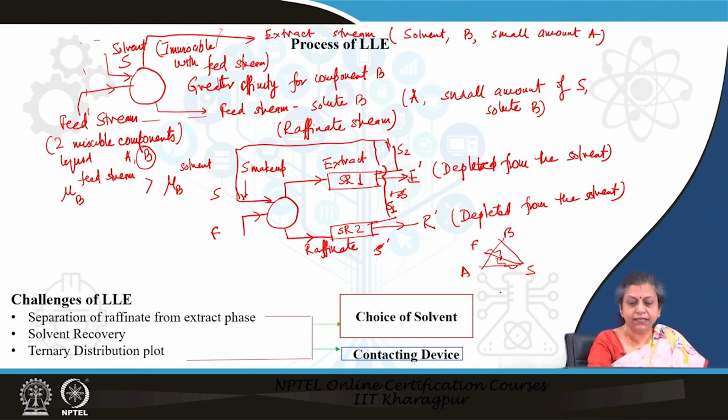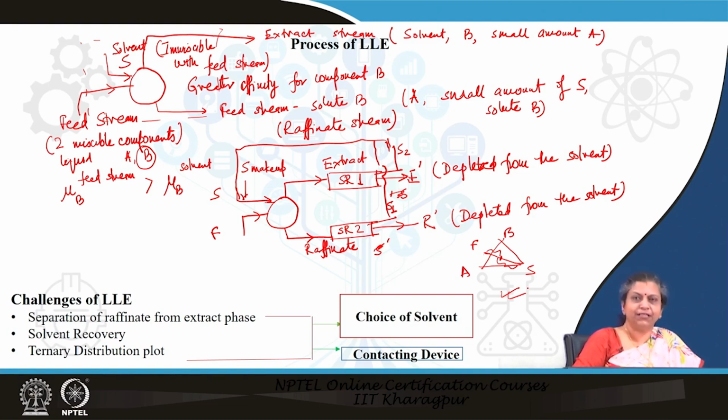So, therefore, this also presents an additional challenge, the ternary distribution plot. So, naturally, the calculations become much more difficult. Remember one thing, despite all these challenges, there are situations where instead of using distillation to separate the two miscible components of a liquid solution, we have to resort to extraction.